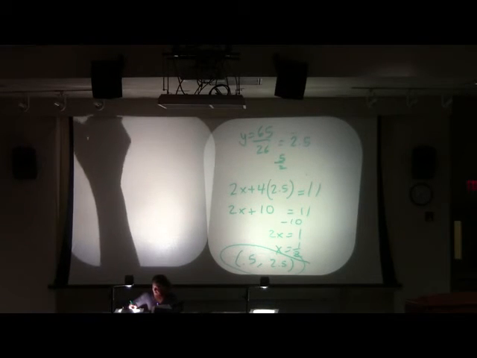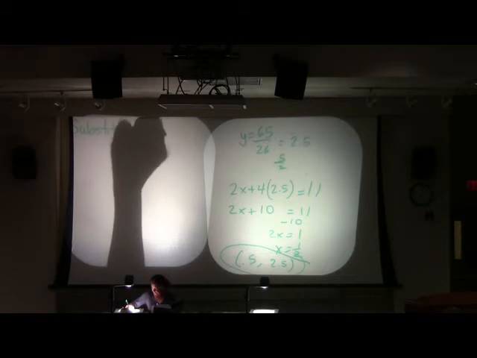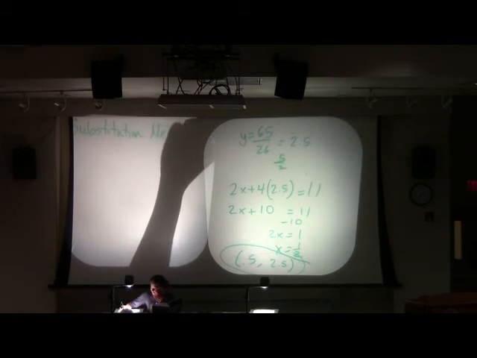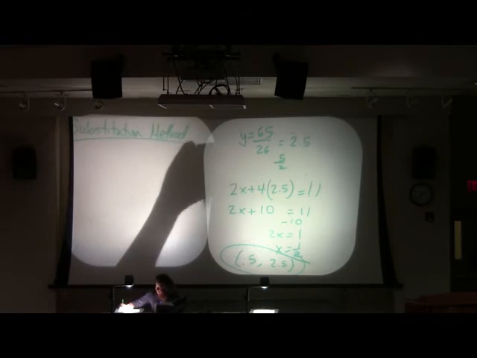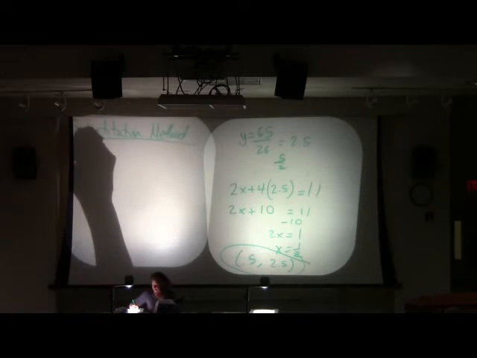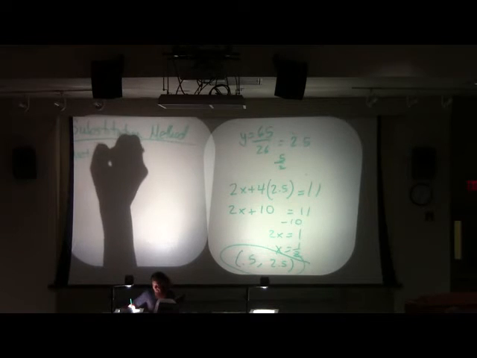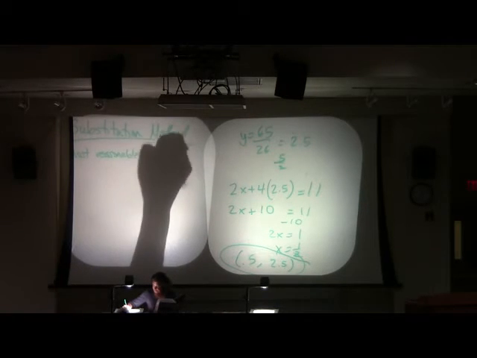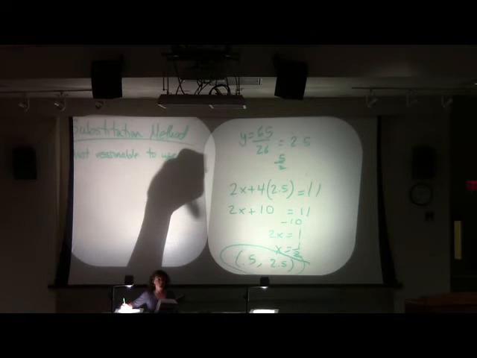So, the substitution method, I think, is a nifty way to solve these things, but it's really only reasonable to use when you're in one certain sort of situation. Otherwise, it gets really messy.